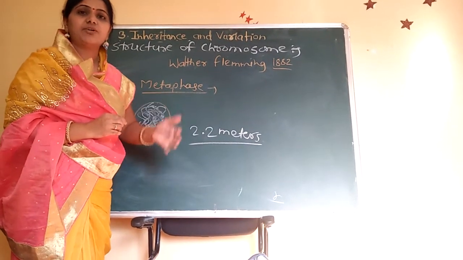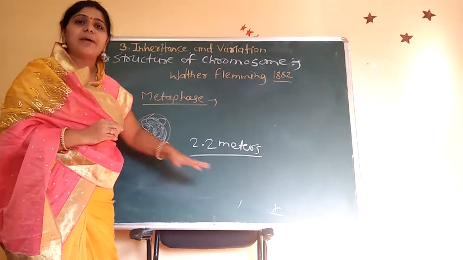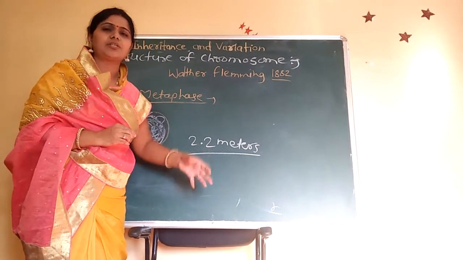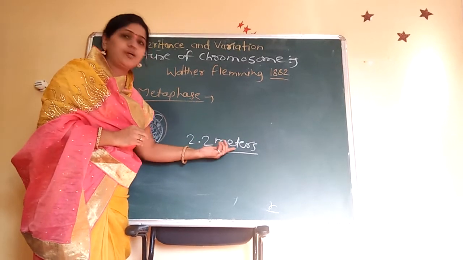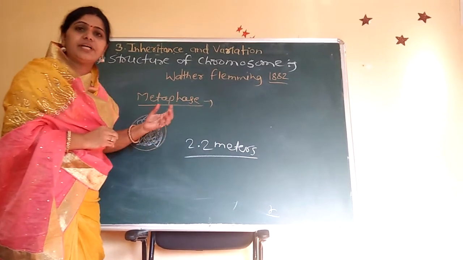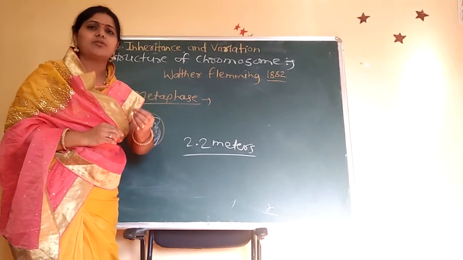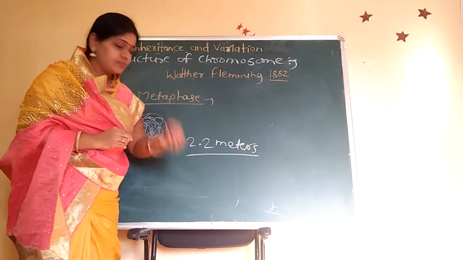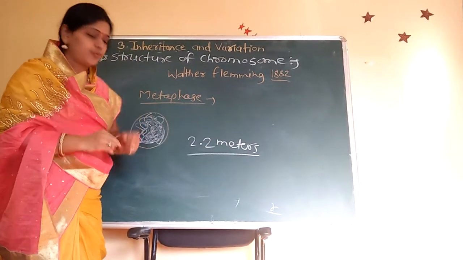This is the magic of biology, the magic of genetics. How is it possible that this 2.2 meter DNA is situated in a single, very microscopic cell? Because of the histone protein.